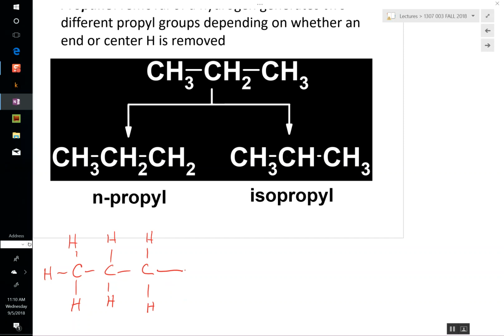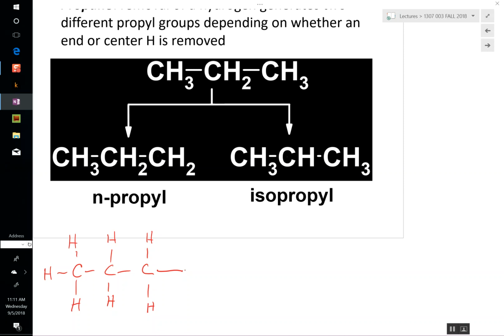Well, why do we have an N in front of there? Because if I take this hydrogen off, remember, here's what we've been looking at, propyl. If I take this hydrogen off, does it look the same? No, that's different. This is different from that. You see that? So propyl gives rise to two substituents.